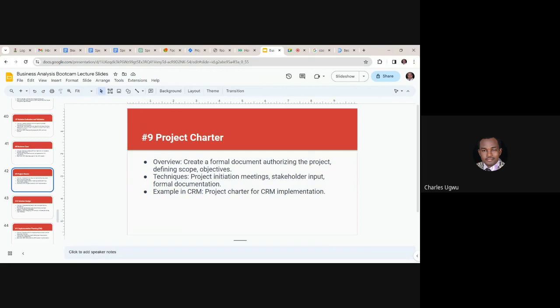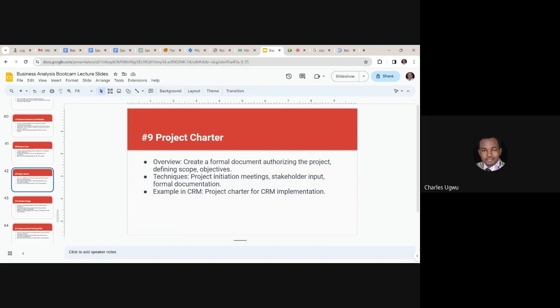So the technique here is a project initiation meeting, stakeholder input, and formal documentation. This formal documentation is a document where the stakeholders will sign, authorizing you to start the project.